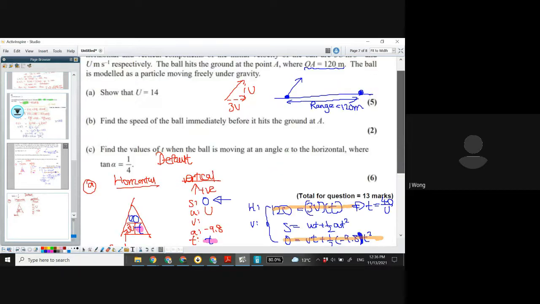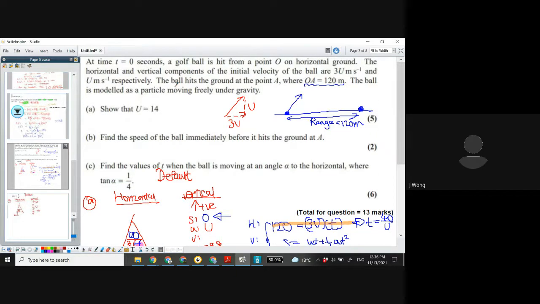But because for this to make sense, for you to hit a golf ball and perform projectile motion, u has to be positive. If we make u minus 14, it means the golf ball goes this way, below where we start.